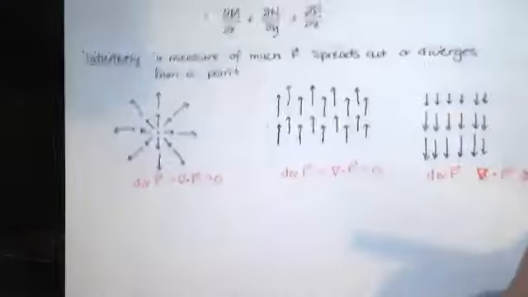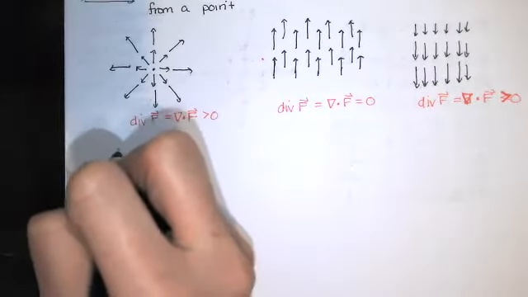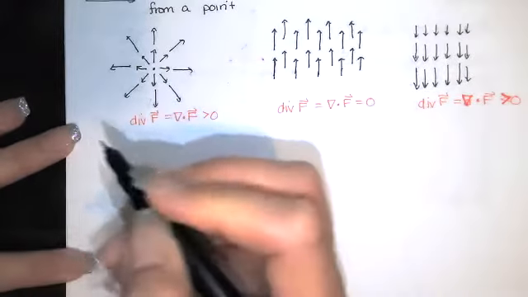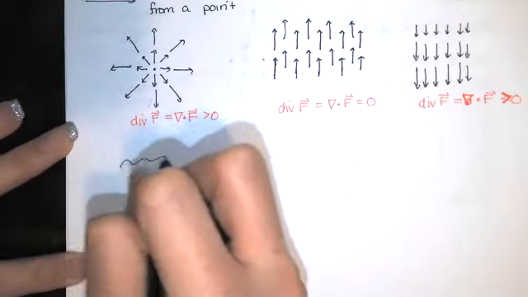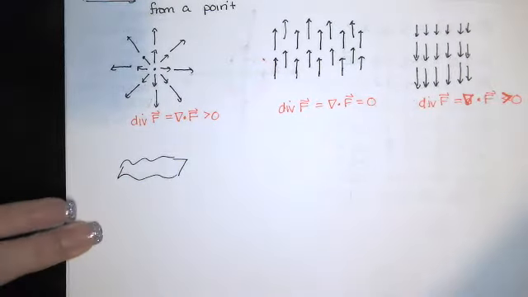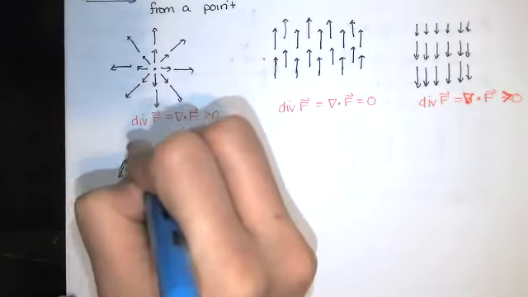I read this analogy in a physics book, and I thought it was a great analogy. It said, imagine sawdust on water. So you've got some water, and you throw some sawdust in there.